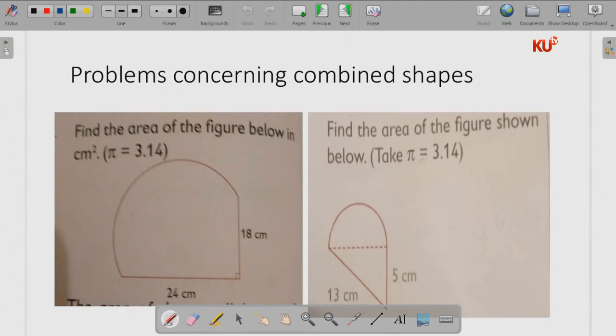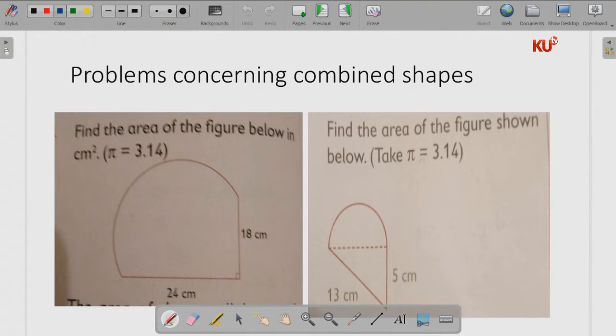Before that, you have been asked to use pi as 3.14. If you check that figure, it has a sign of 90 degrees somewhere, a point of intersection where the line of 24 centimeter joins the line of 18 centimeter.